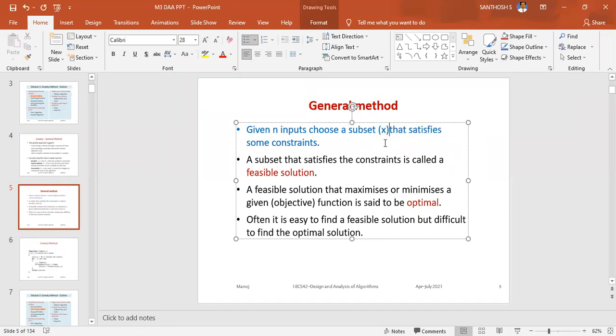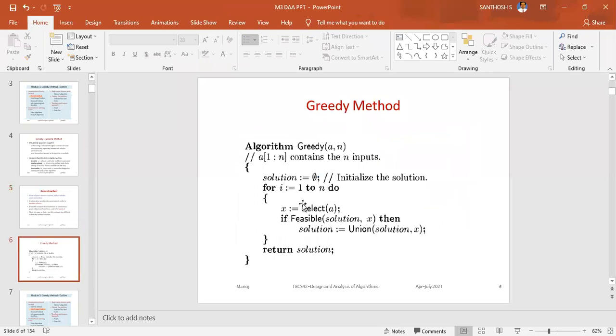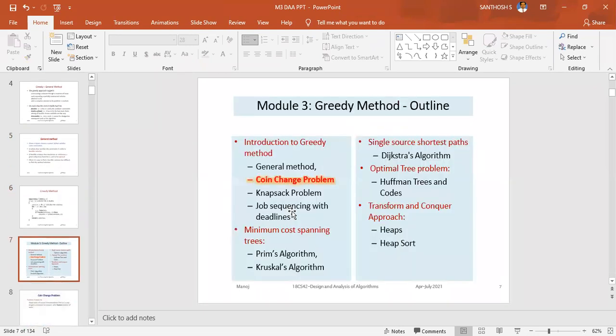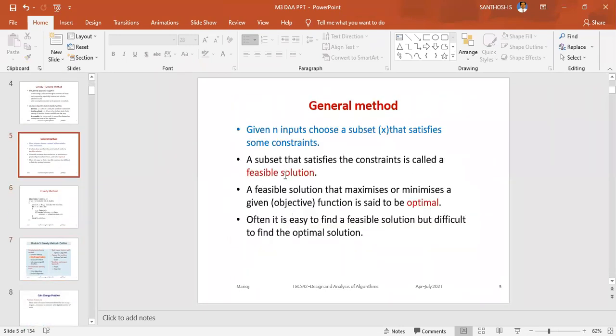You are taking it from the input A, 1 to n.